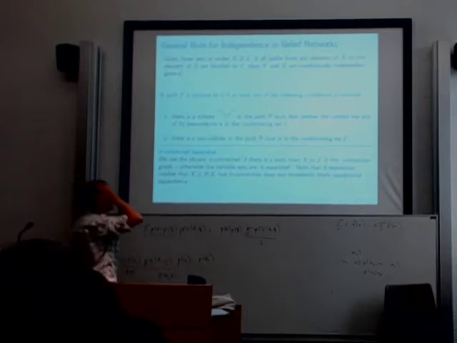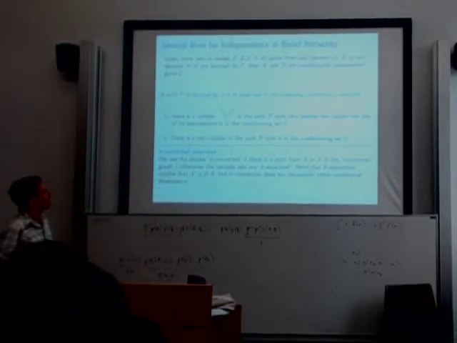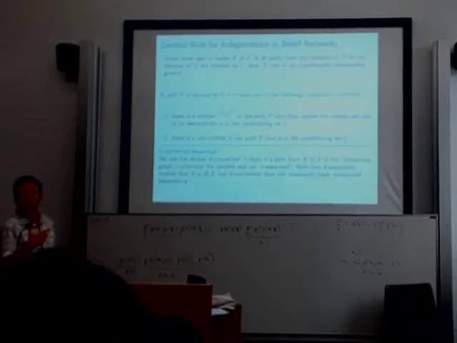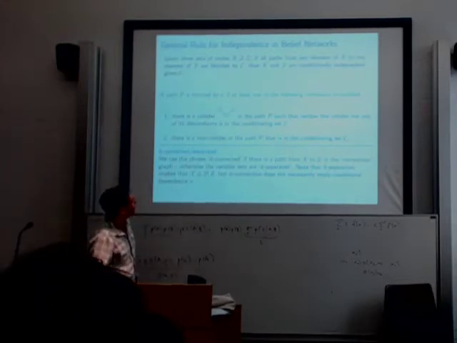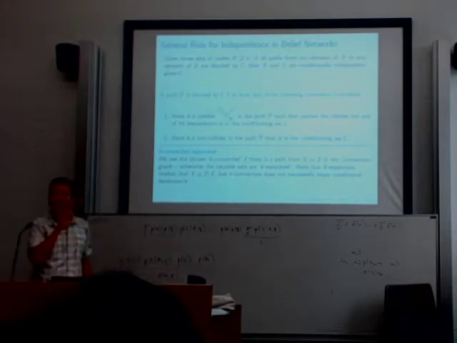If there's a collider which is not in the conditioning set, we're going to sum over that collider variable, which is not in the conditioning set. So if we have this situation here where there's a collider, we're just summing over that variable, and that variable will just disappear, it will just sum to 1.